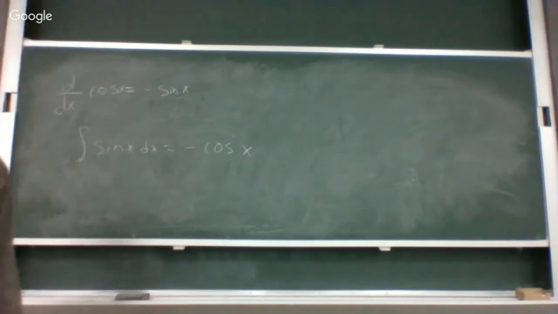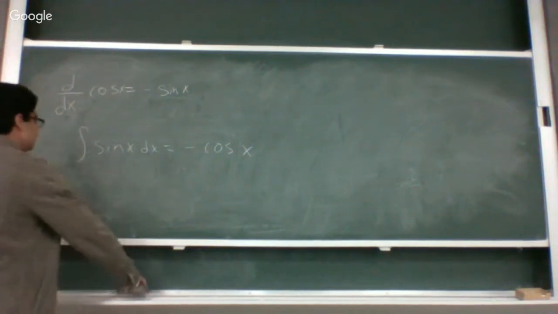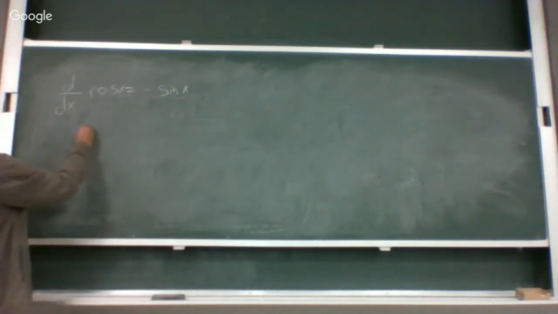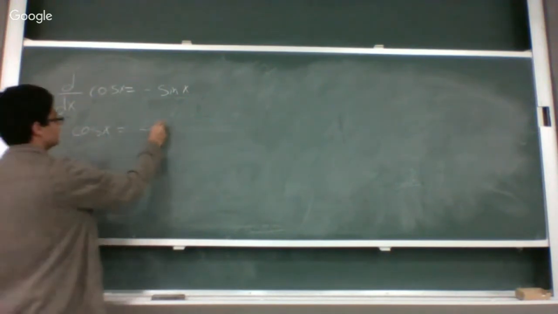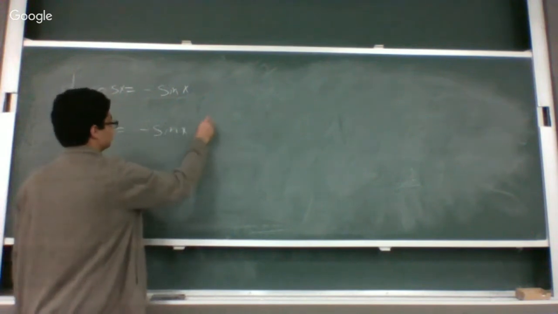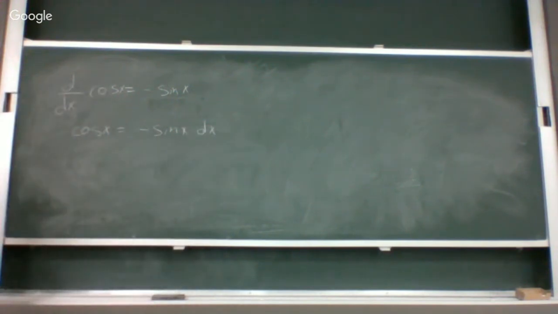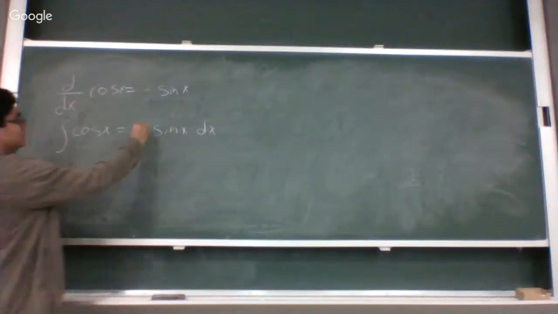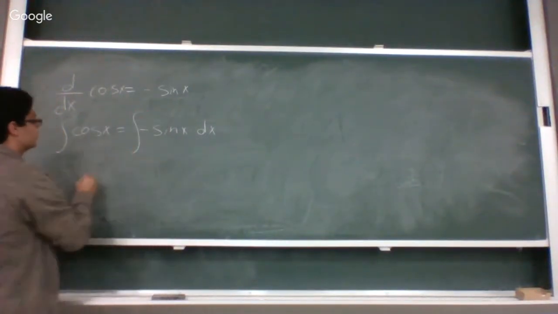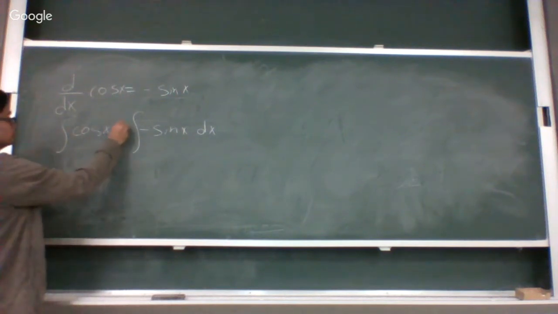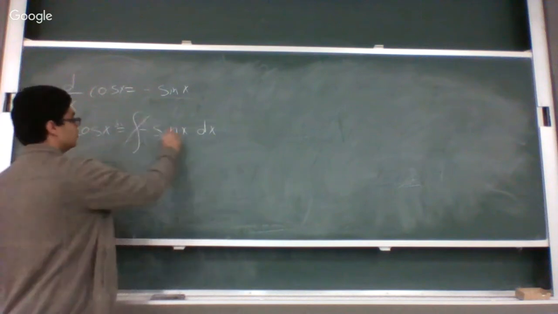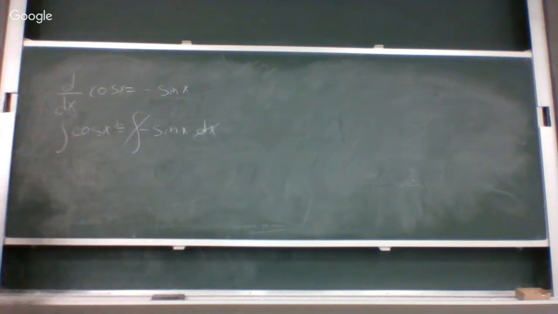Actually, it wouldn't be just cosine. So let me just do that to you. I think you can handle it. So we have cosine of x times negative sine of x dx. This may get a bit complicated, but I think you got it. We do the integral of this. The integral and the dx cancel out.